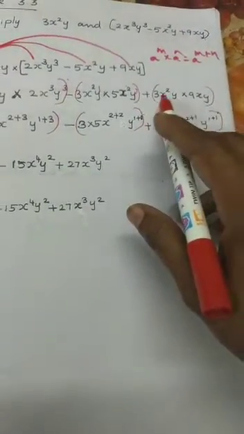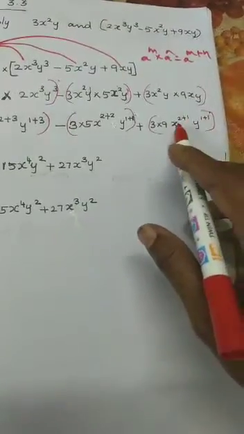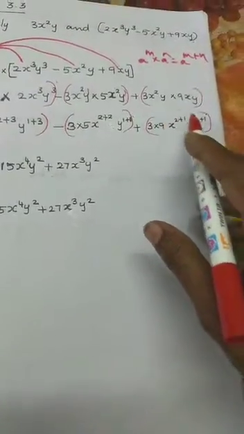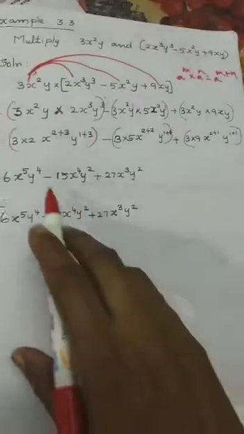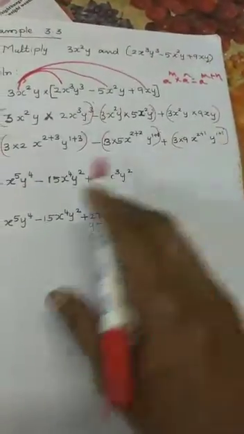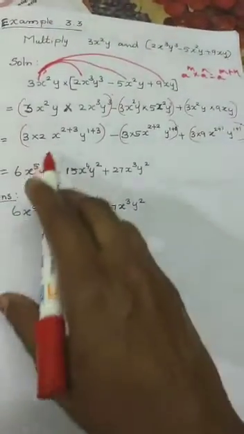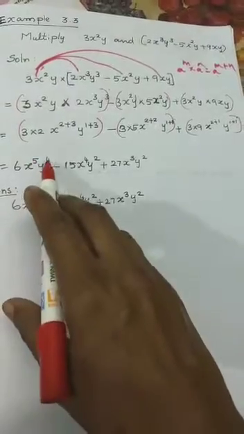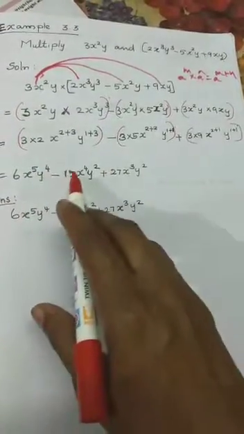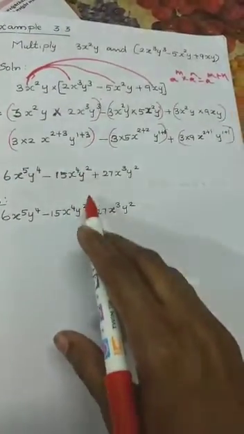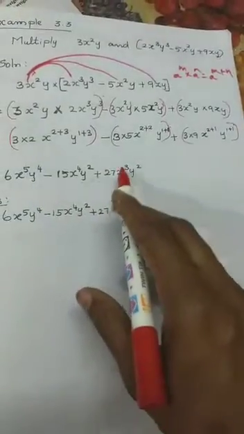Here y, x square and x, 2 plus 1. Then y power 1, y power 1, then y power 1 plus 1. So now the answer is 6 x power 5 y power 4 minus 15 x power 4 y square plus 27 x cube y square. So this is the answer.